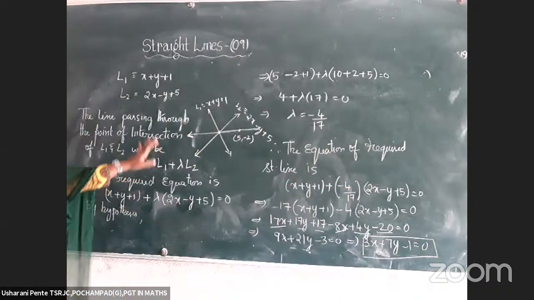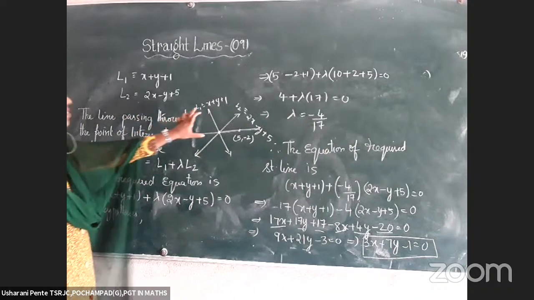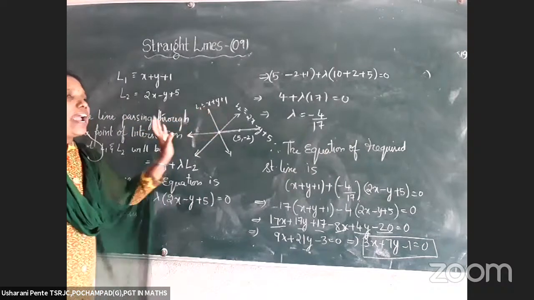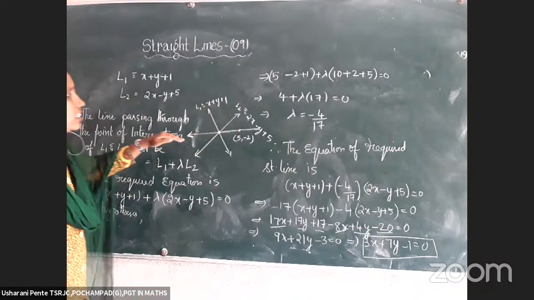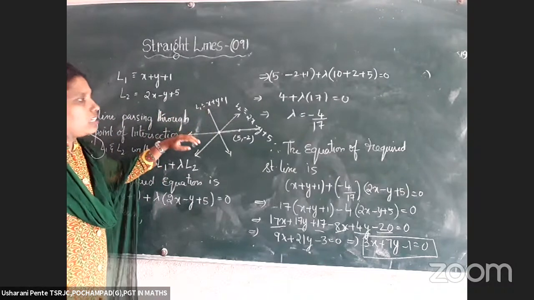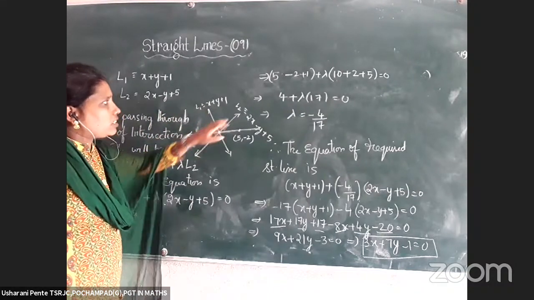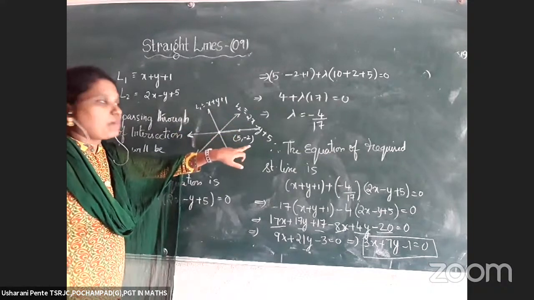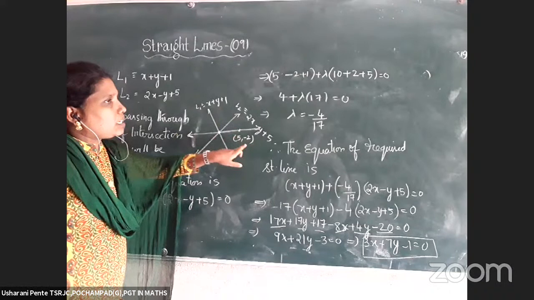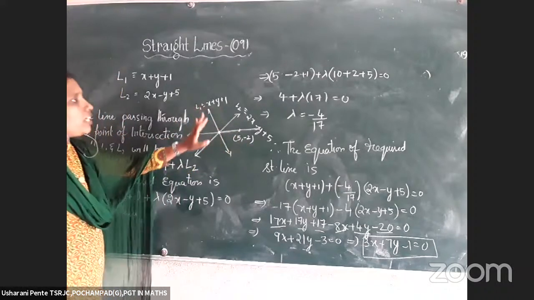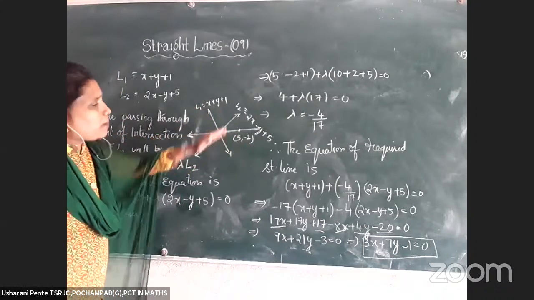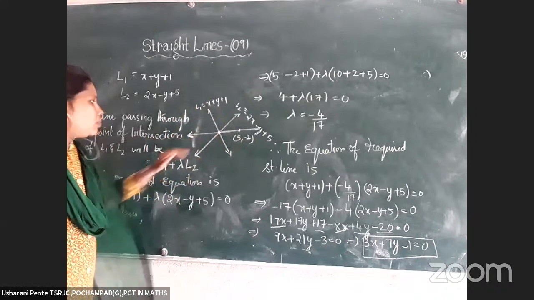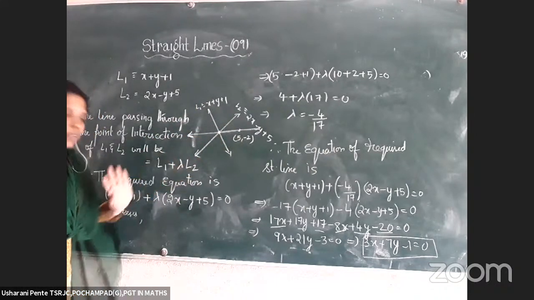What they have given, let us have a look. They have given the lines L1 and L2 and they have said to find the equation of the line which is passing through the point of intersection of these two lines, as well as containing the point 5 comma minus 2. We know the line passing through the intersection of the two given lines will be of the form L1 plus lambda L2.